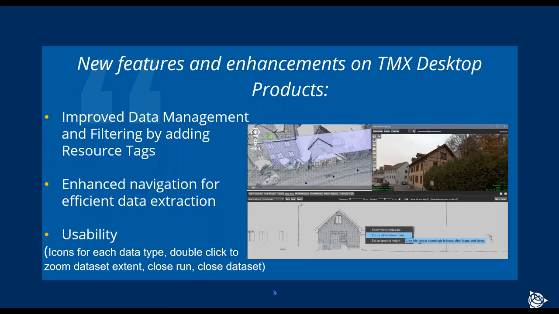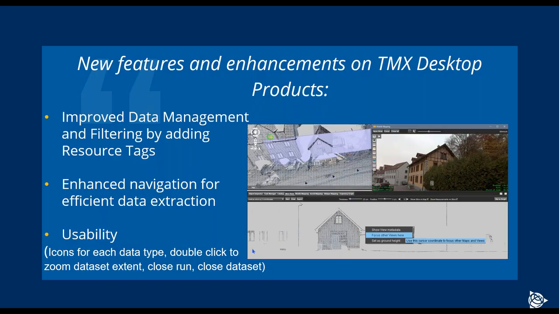And also for feature extraction, one of the key components, and what we are always asked to improve, is navigation. It's a very important component, because the faster and more efficiently you can navigate through your data, the less time you waste in the office on feature extraction.